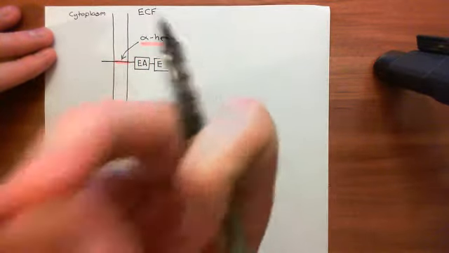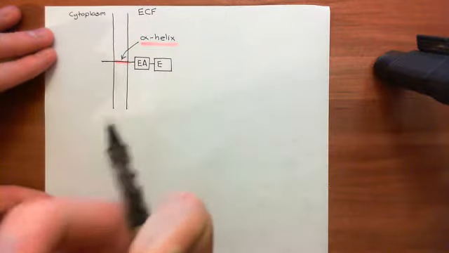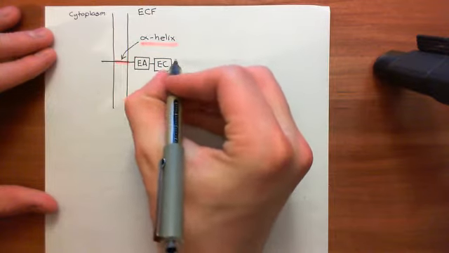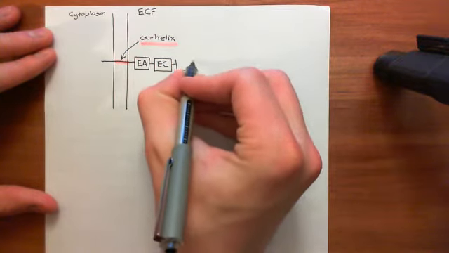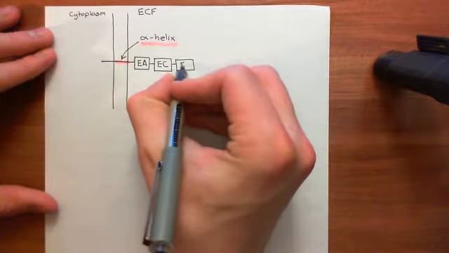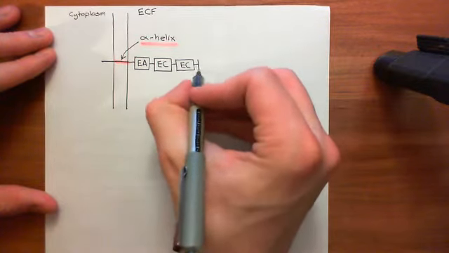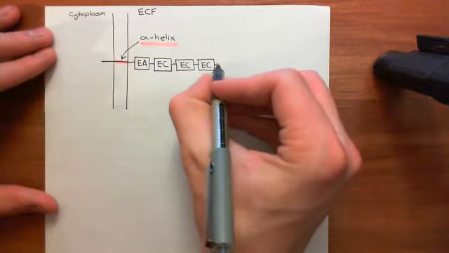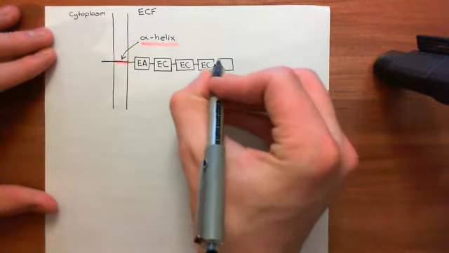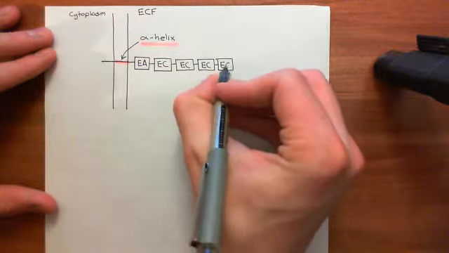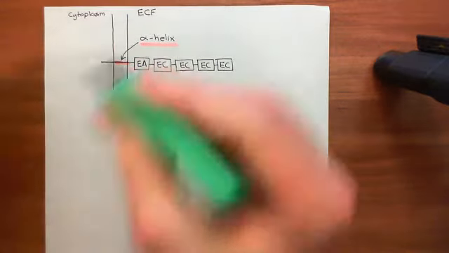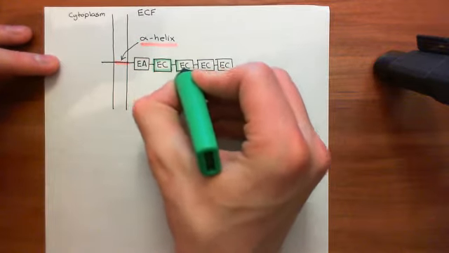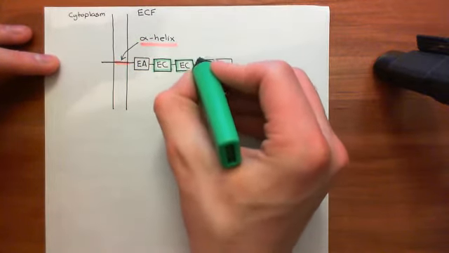Remember, these are domains that are utterly essential for any cadherin protein to have, and we're going to have 4 in the case of all the desmosomal cadherins. So let's draw these now. Here's 1, here's another one, a third one, and then a 4th one. Let's colour in these extracellular cadherin domains in green, and then on its own right at the end we've got an extracellular anchor, the EA domain here.